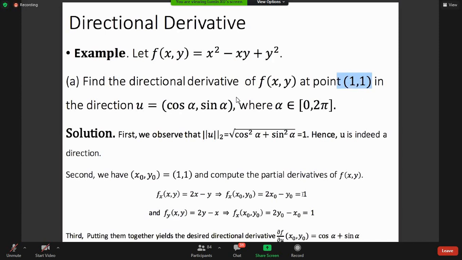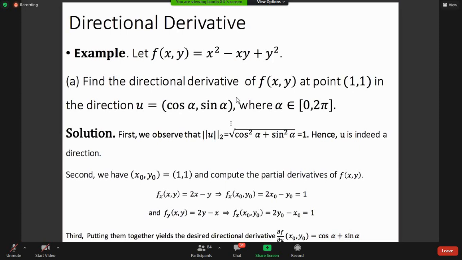So we can calculate the partial derivatives, and then according to the definition of directional derivative, we can calculate something like that, 1 times cosine alpha plus 1 times sine alpha. Good.